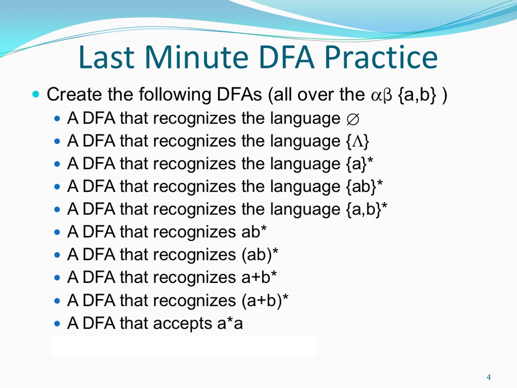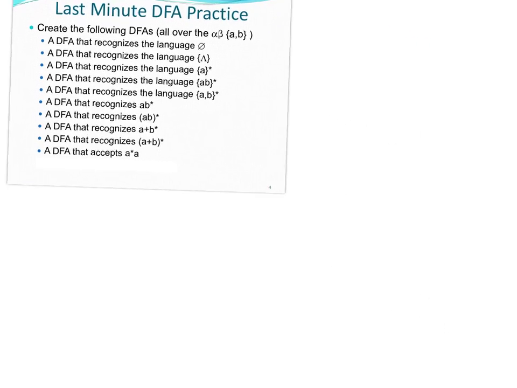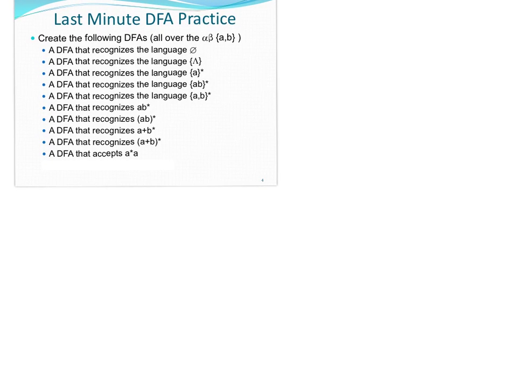Okay, so here's a whole bunch of DFAs that I'm suggesting we should do. I'm not sure we'll do all of these, but let's see. So let's shrink this. So a DFA that recognizes the language, the empty set, right? Well, the simplest one I could draw may look like this.